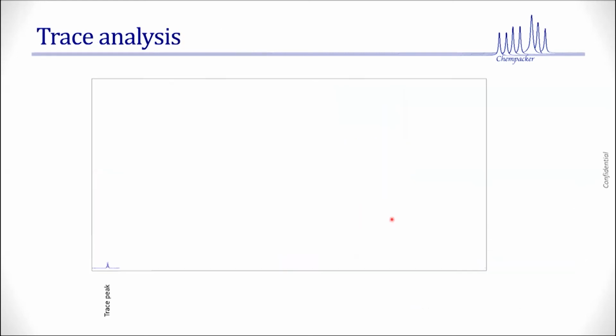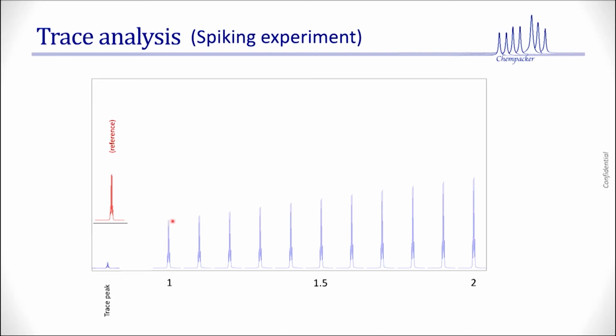Then it occurred to me, there is a normal procedure that people who do trace analysis all do, which is called a spiking experiment. Let us, for argument's sake, take this quartet as our trace peak. I have a reference compound that I know. I can spike that sample into my NMR tube, with a single amount, a 1:1 ratio, or some ratio of 1.